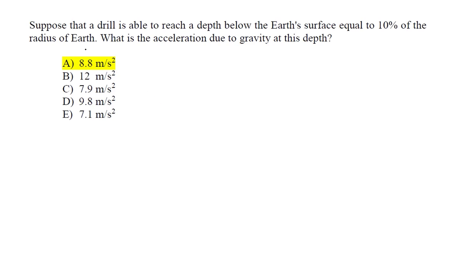What do we have? We suppose that a drill is able to reach a depth below the Earth's surface equal to 10% of the radius. Okay, what is the acceleration due to gravity at this depth? Acceleration due to gravity is just G times the mass of Earth divided by r squared, r being the distance between the center of Earth and the object.